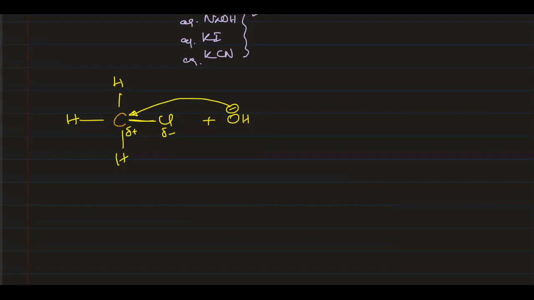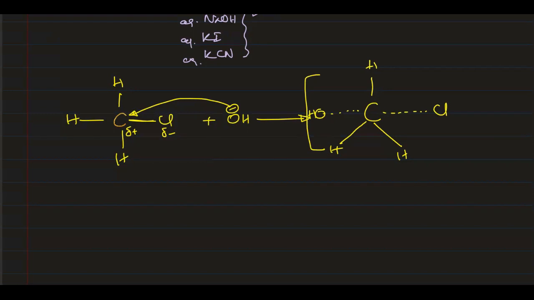Naturally this nucleophile that is going to attack this carbon will give rise to a species, not a compound actually. It's a transition species which will have Cl minus going away from the carbon and OH minus establishing the bond.